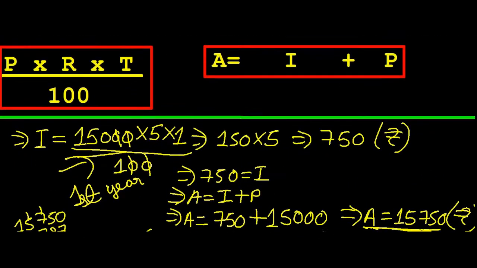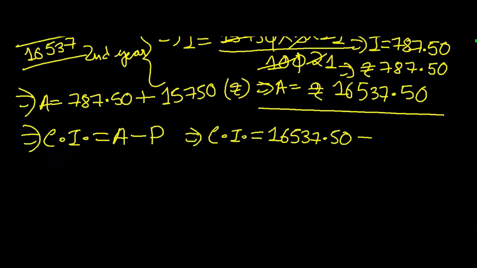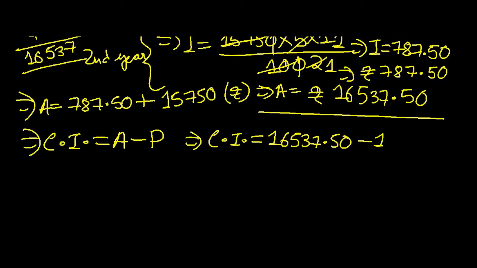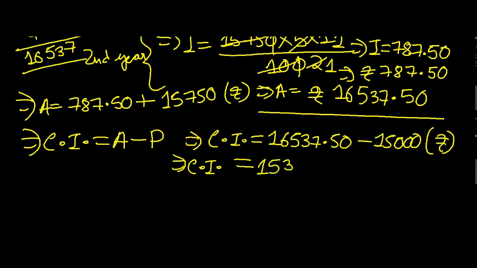The principal is 15,000 rupees. So compound interest is equal to 1,537.50 rupees.